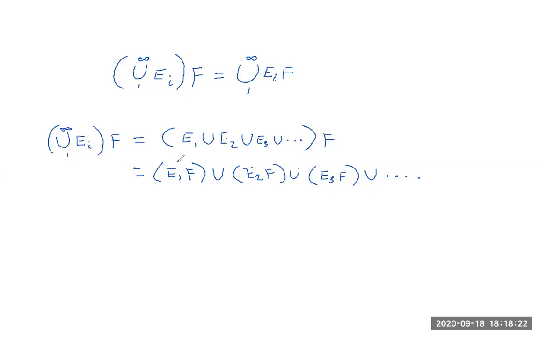So these intersections E_1 F, E_2 F, E_3 F are now new single events. So now, because each event is taken with the union of the next event, we can write that all in one compact way by saying that the union is being taken of the intersections.